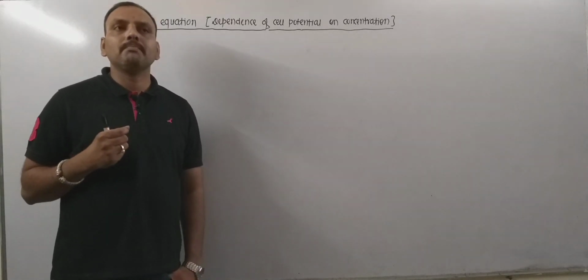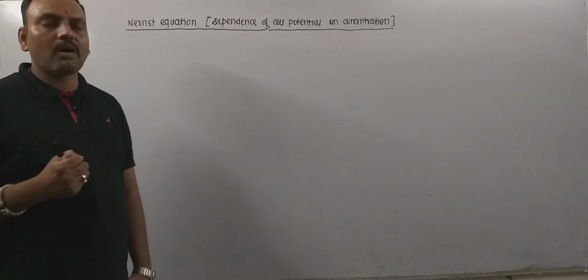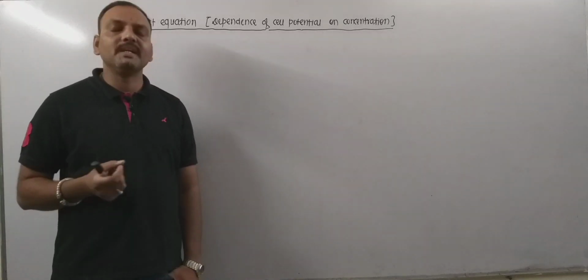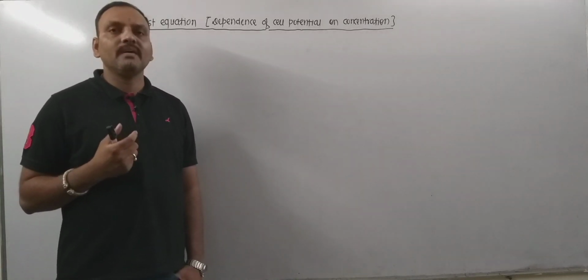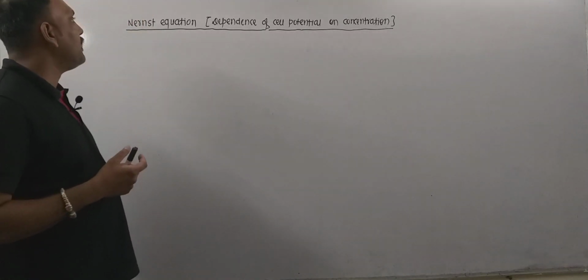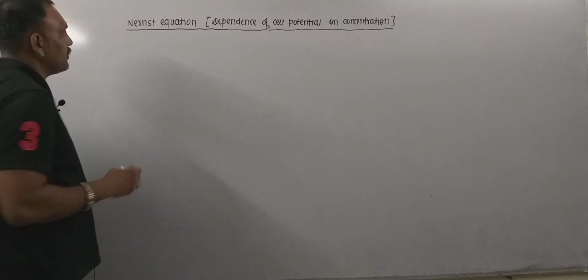So the dependence of electrode and cell potential on these things is explained very well by the Nernst equation.